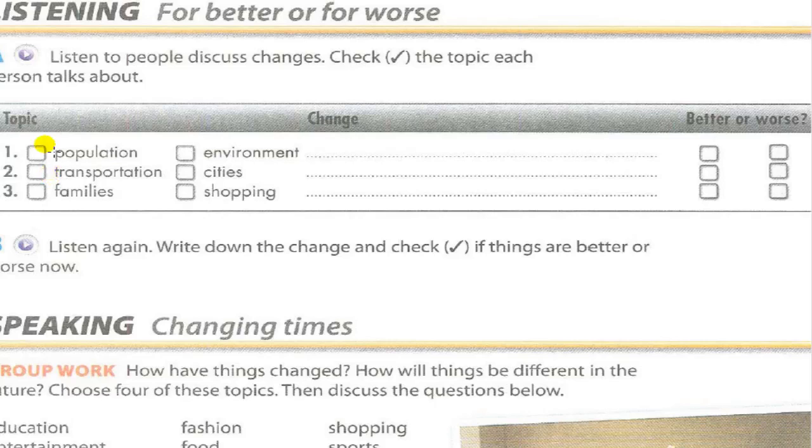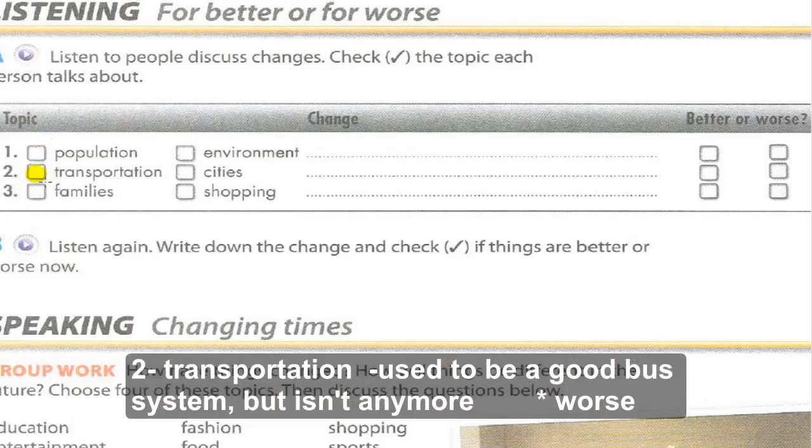2. What is the topic? Transportation. What is the change? In the past, there used to be a good bus system, but there isn't anymore. Why? Because they expect everyone to have a car.